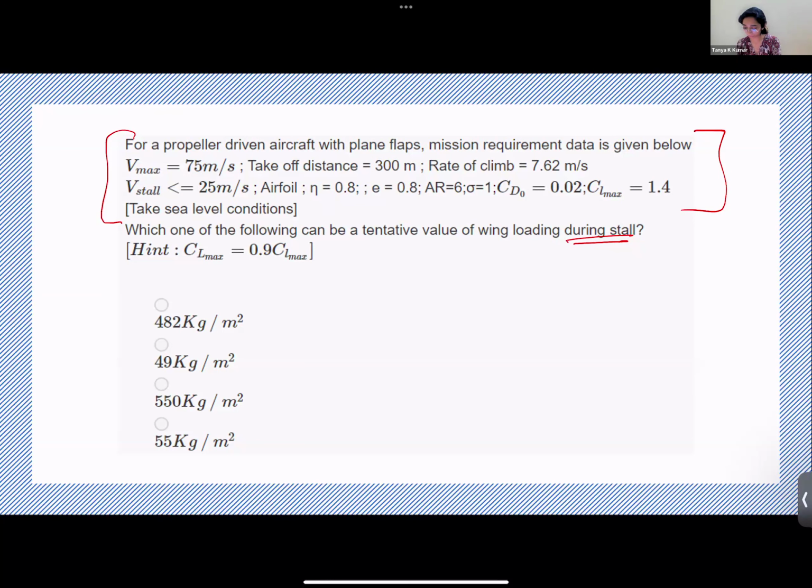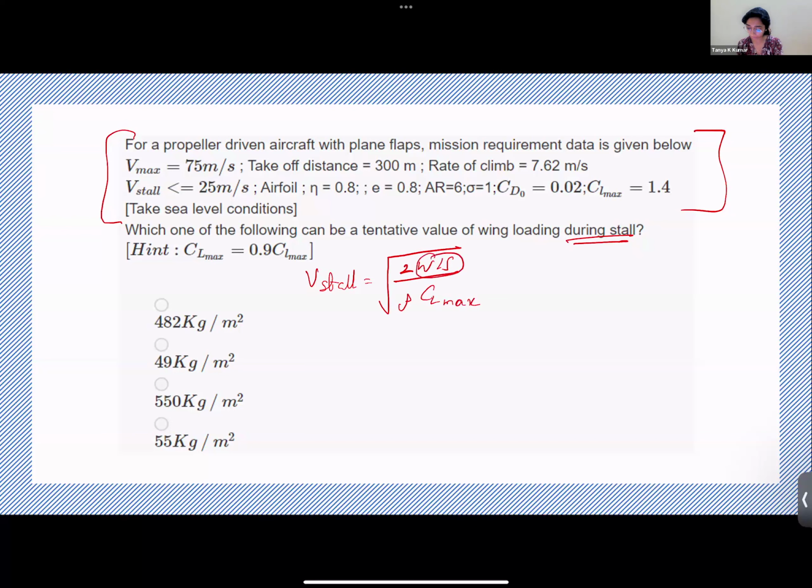Vstall. So what is the equation for Vstall? We just did this. Vstall is under root of 2 W by S rho CL max.